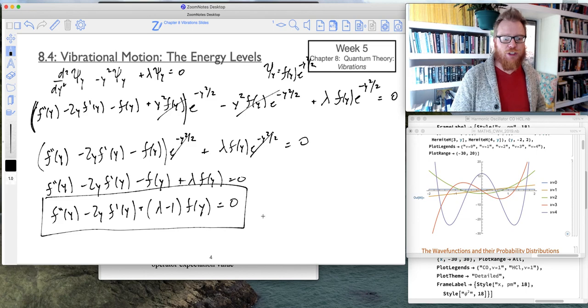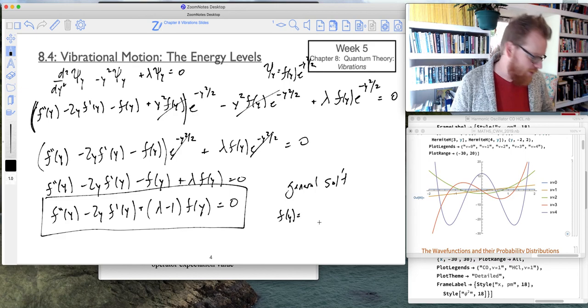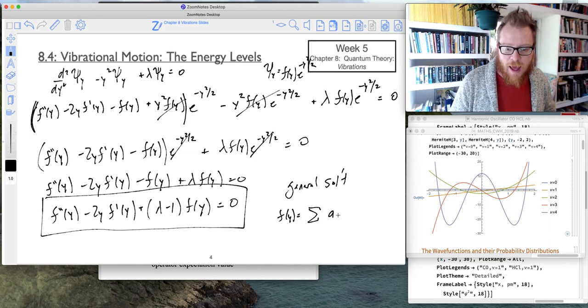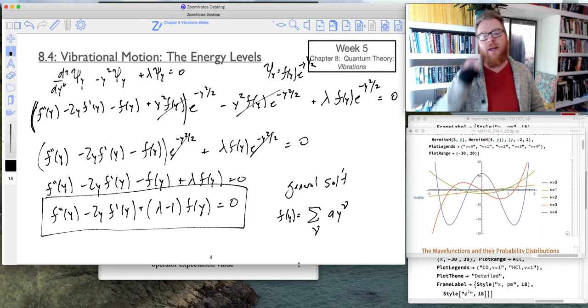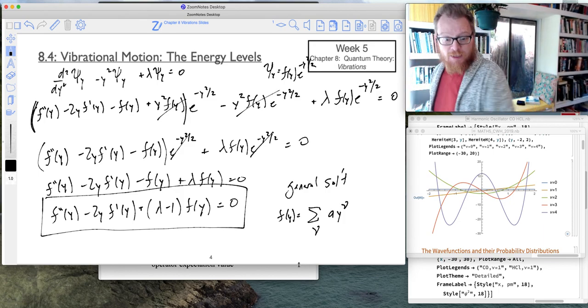So for the general solution, we know that f of y has to be a polynomial. I'm going to set this up as the general form of a polynomial, which says the sum of all terms a y to the power nu, where nu is my polynomial index that I can keep adding on.